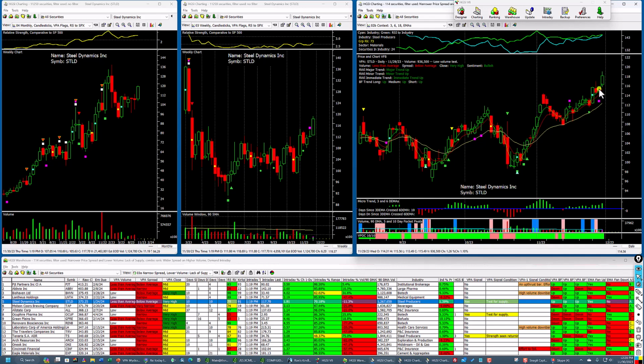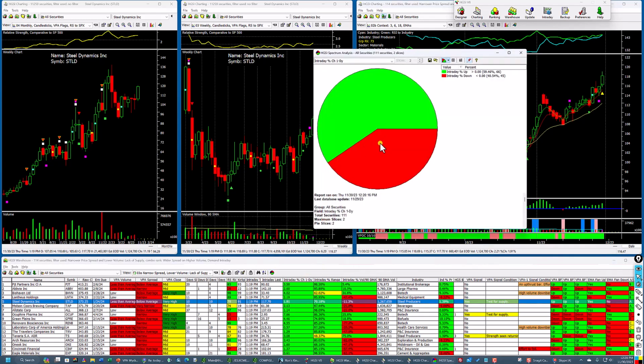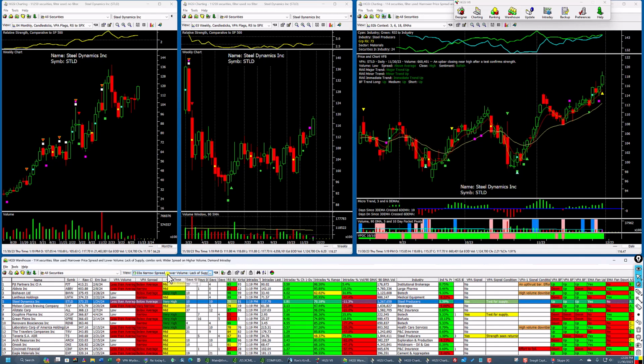Spread was narrow, but it's going up. Why? Because there's more demand than there is supply, and it's following through again today. I'm going to bring this up. 59% compared to, or 60% compared to 40%, based upon this scan in a relatively weak market day.